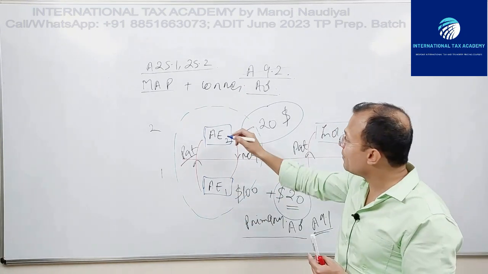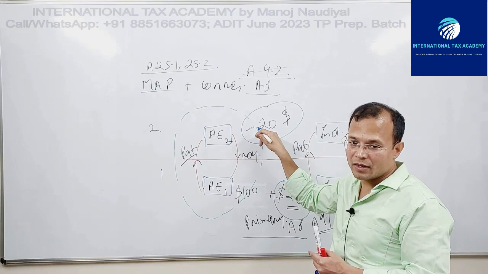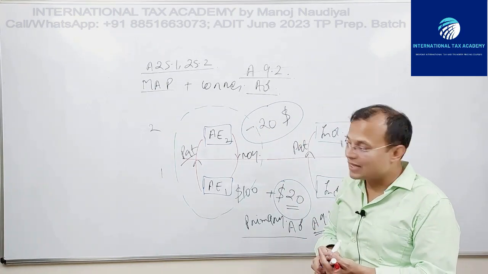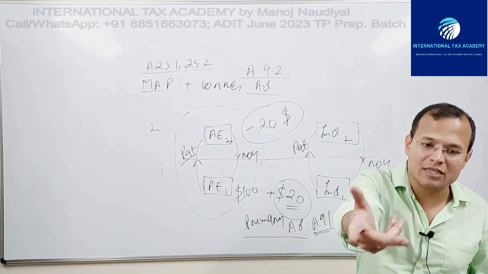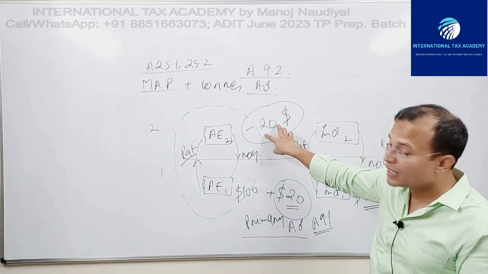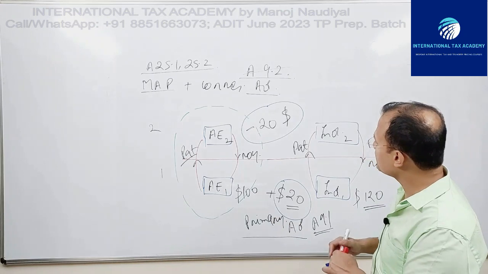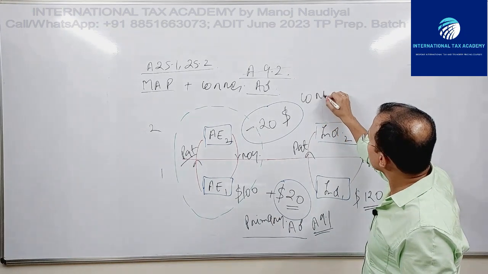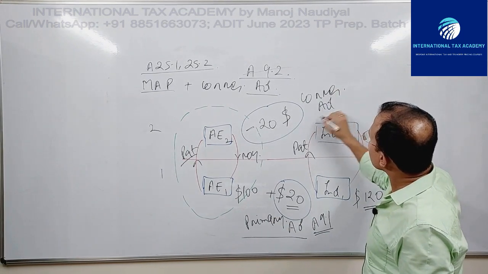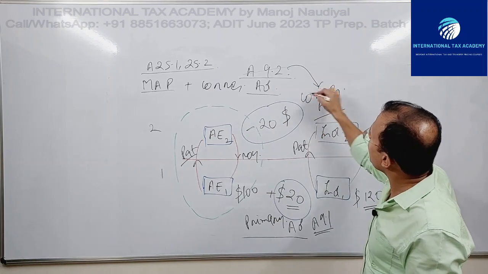So if this is done, then this minus 20 is known as corresponding adjustment. Why corresponding? Because this minus 20 corresponds to this plus 20. So this is corresponding adjustment under Article 9.2.